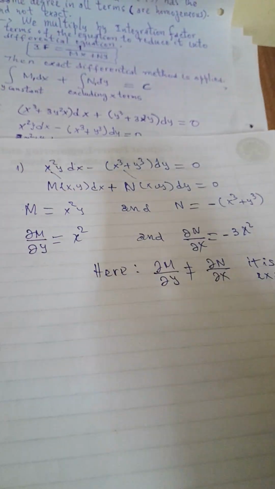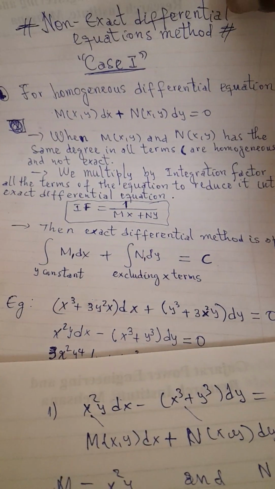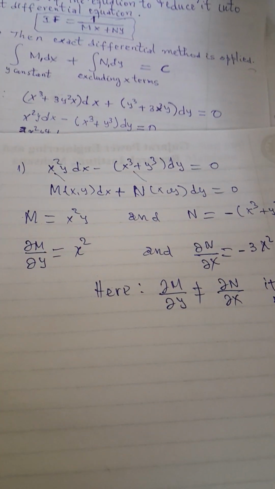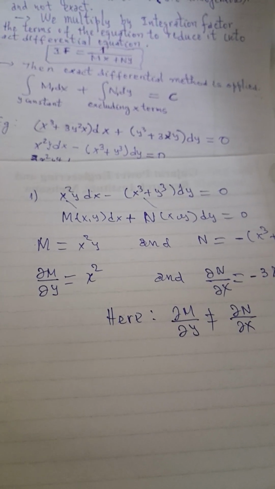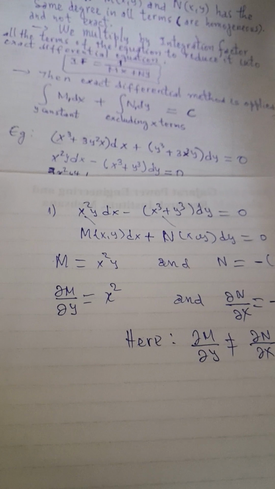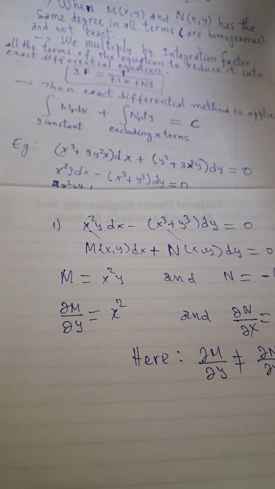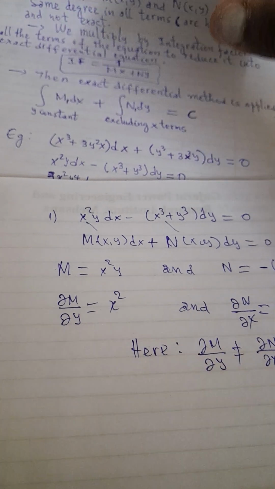Now just check here: when the function is homogeneous, we have to multiply the whole equation by a known term, that is the IF, integrating factor, to reduce it to an exact differential equation.